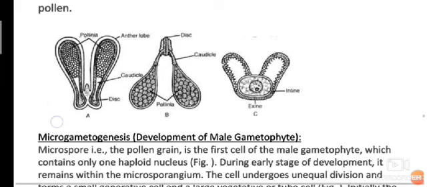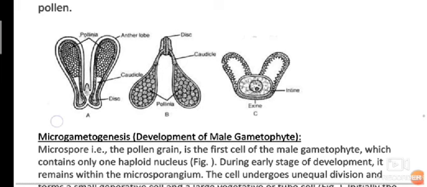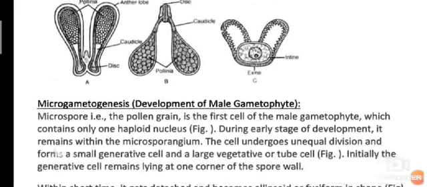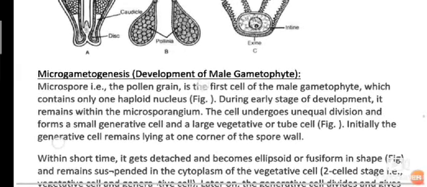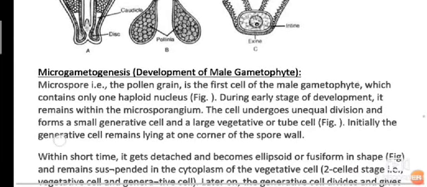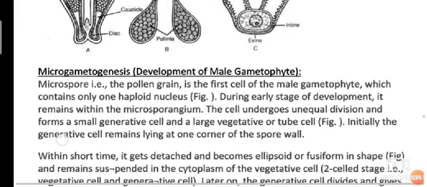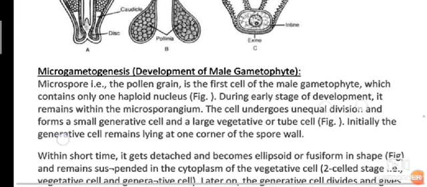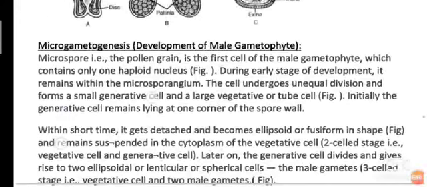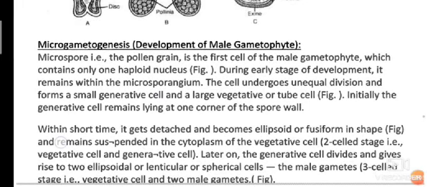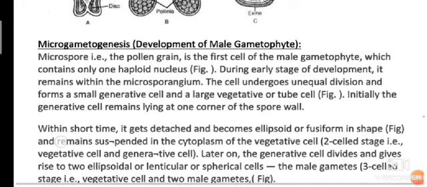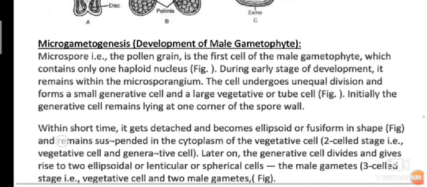Microgametogenesis, development of the male gametophyte. The microspore, that is the pollen grain, is the first cell of the male gametophyte, which contains only one haploid nucleus. During the early stage of development, it remains within the microsporangium. The cell undergoes unequal division and forms a small generative cell and a large vegetative or tube cell.